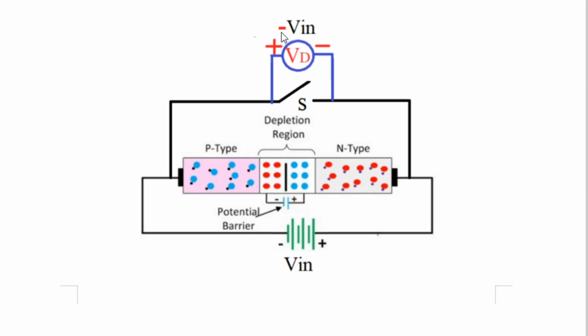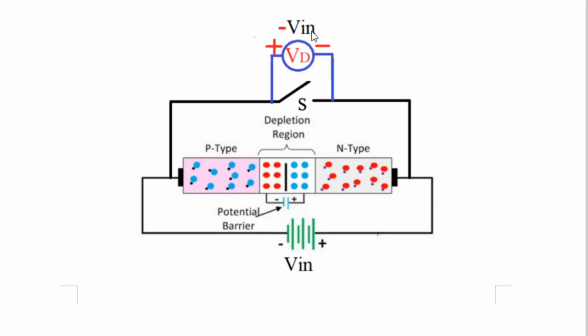Reverse is minus Vin, because look at the voltmeter. The positive of the voltmeter will go to the negative of the battery, and the negative of the voltmeter will go to the positive of the battery, because the diode is reverse biased.